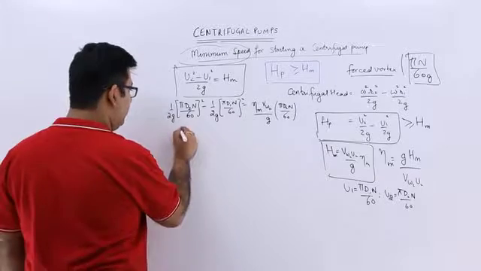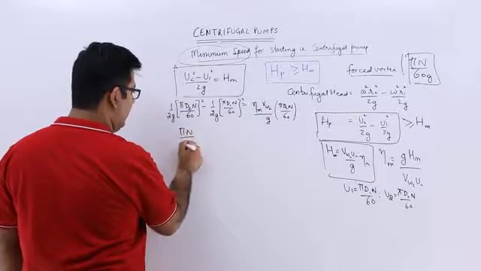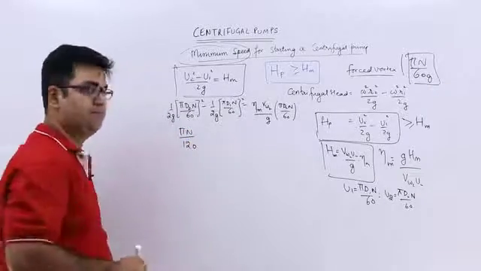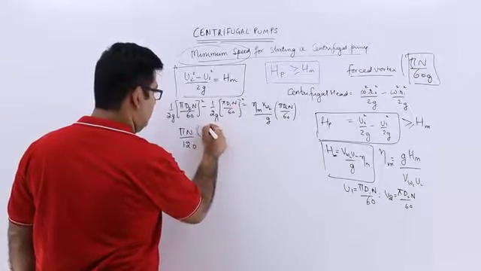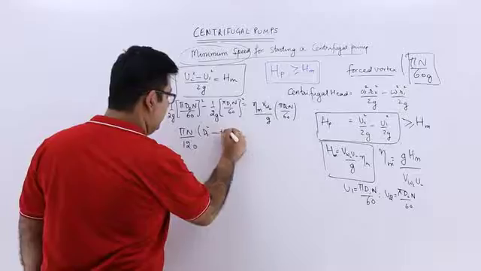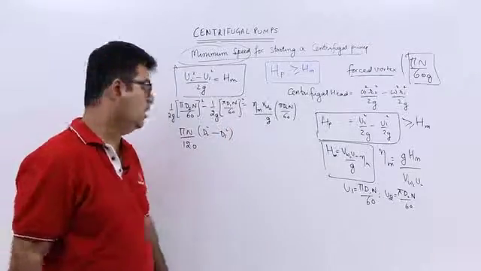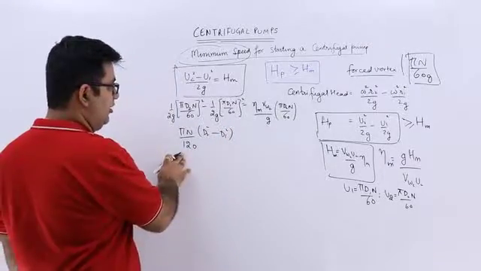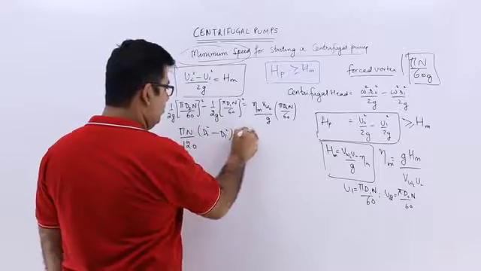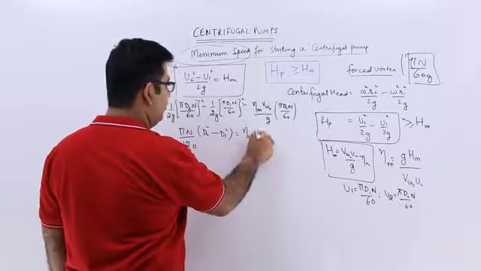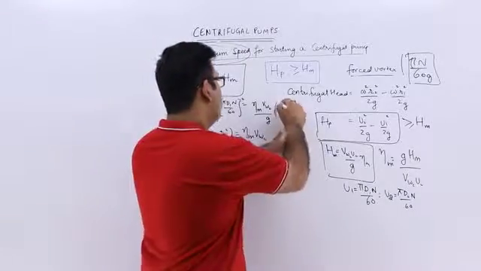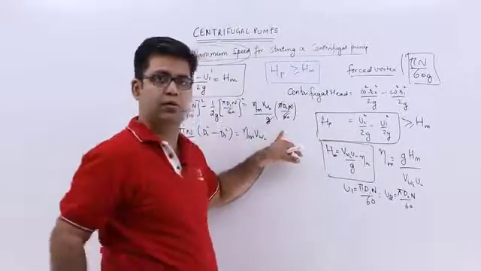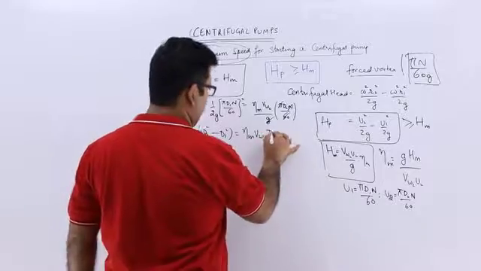So you will be left with pi n upon 120 and D2 square would be in the bracket. Similarly, you will have D1 square. This is equal to eta m Vw2. On the right side, pi n by 60 and g will be gone, so you will only have D2 over here.